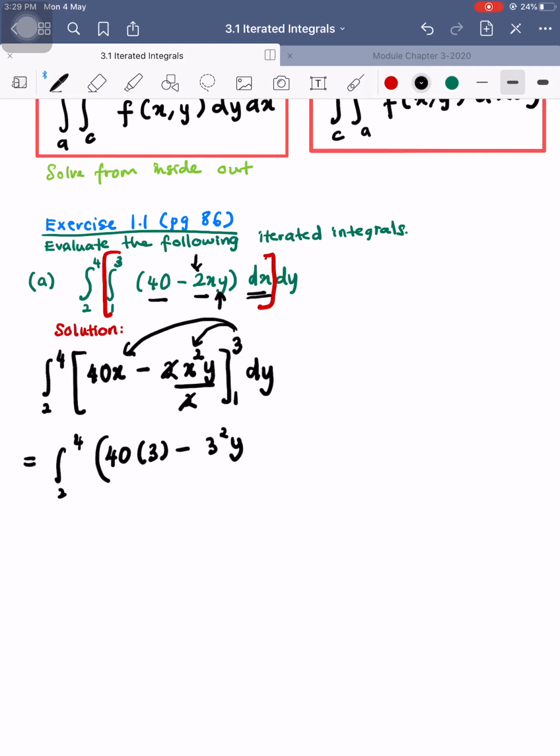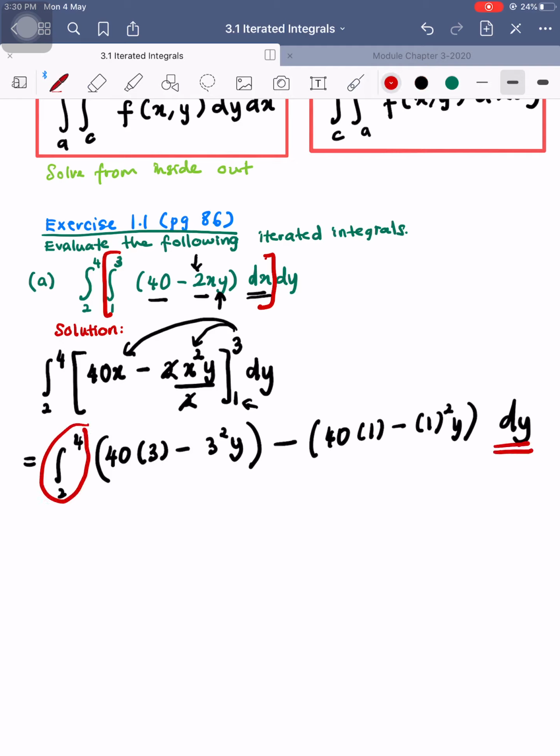And then minus the limit at the bottom, which is 1, so 40 times 1 minus 1 squared y, dy. Please ensure that if we have this one, of course we have its partner, which is with respect to y or with respect to x, with respect to z, and so on.